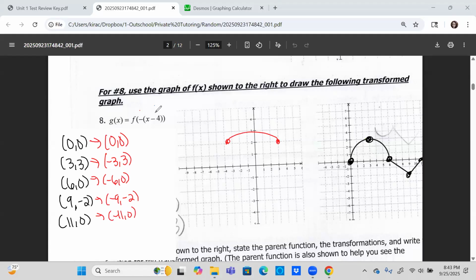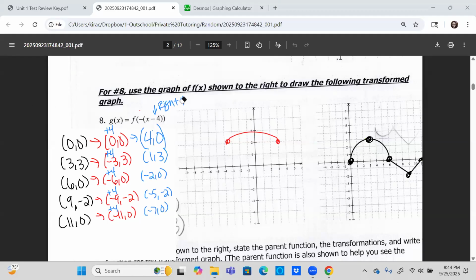And then you need to go right 4. So now you're going to add 4 to all your x's. So that would be 4, 0. Add 4, so that would be 1, 3. Add 4, so that would be -2, 0. Add 4, so that would be -5, -2. Add 4, so that would be -7, 0.